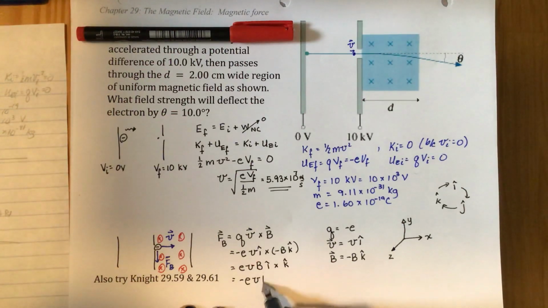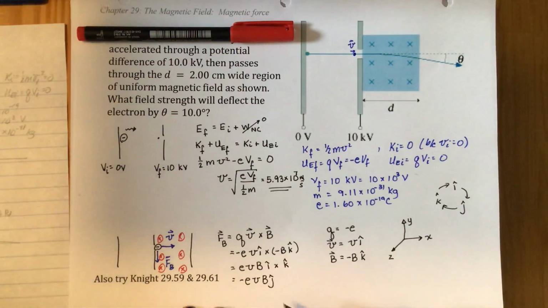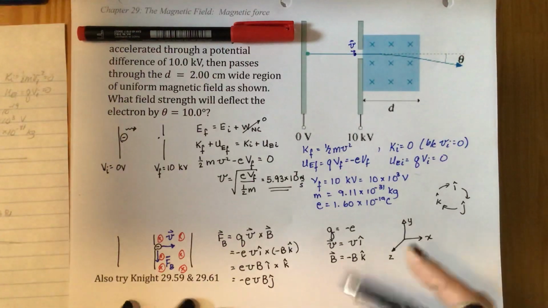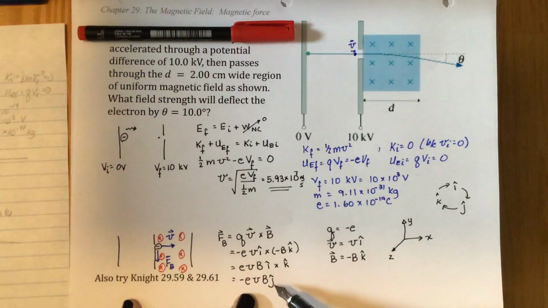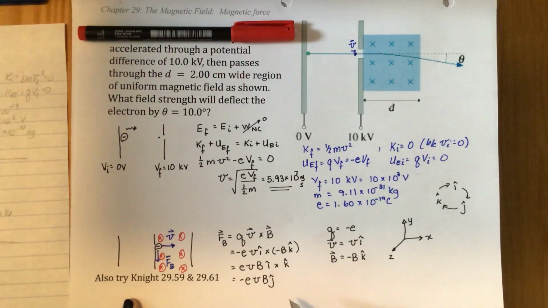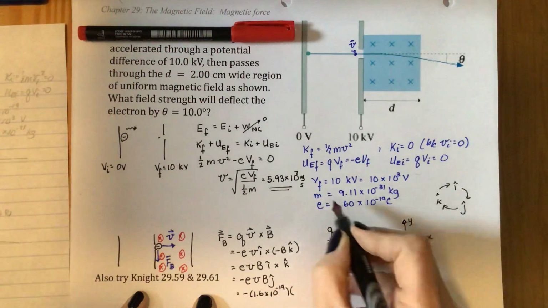So we found with our right-hand rule that the magnetic force points down. That's verified by using our math here, doing the cross product. So we'll plug in what we know. e is 1.6 times 10 to the minus 19. v is the magnitude of the speed here, 5.93 times 10 to the 7.